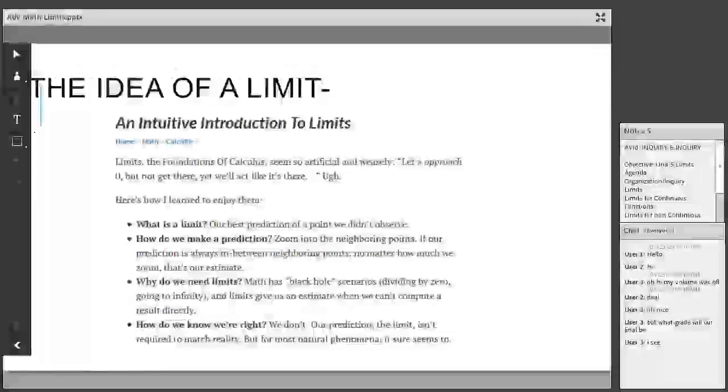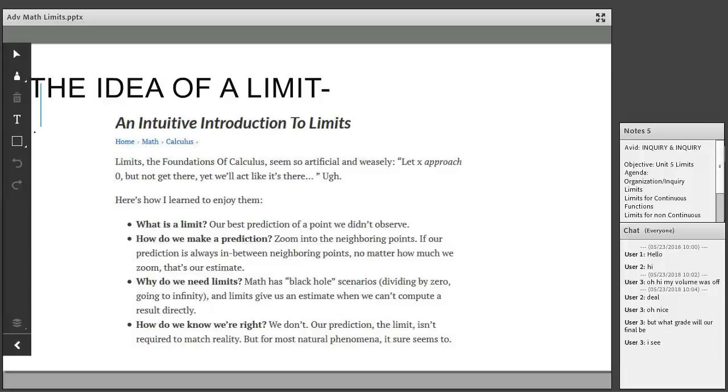Okay, I copied this off a website. I wish I put the source, but I kind of like this. Take a minute and read this.